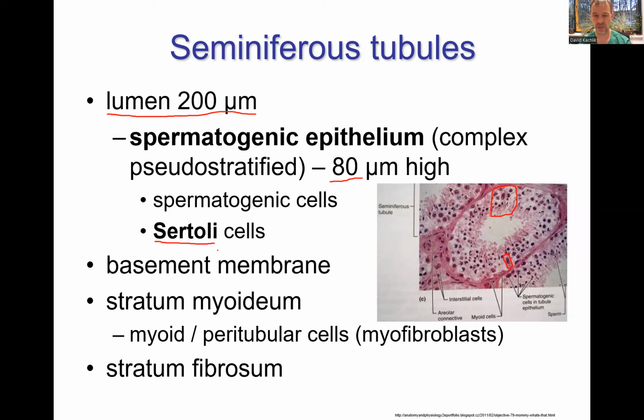They sit on a basement membrane, and below the basement membrane is a peritubular testicular cell or myoid cell, which is a typical myofibroblast. These myofibroblasts allow constriction of the tubules and movement of the sperms. And then there is a thin fibrous layer, something like adventitia.